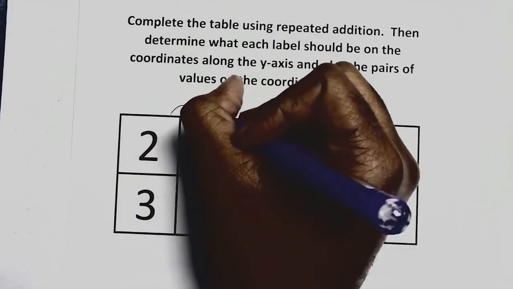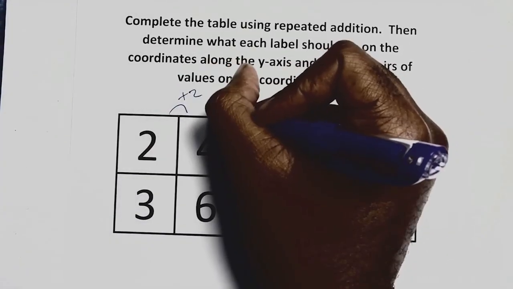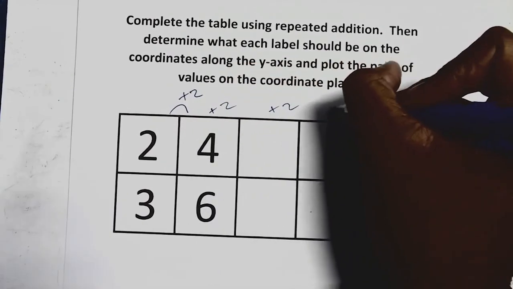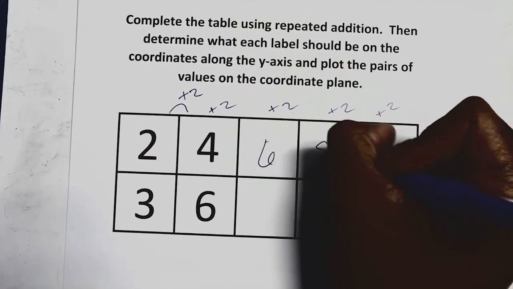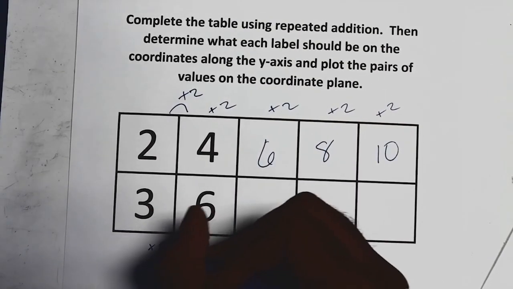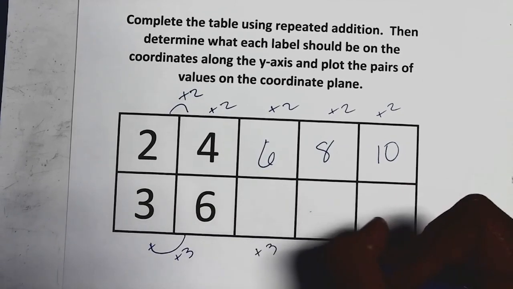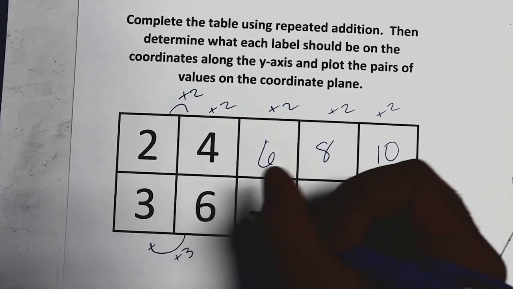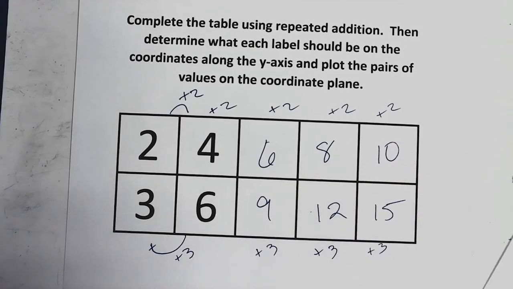So since this is going up by 2s, I can do that to complete my table. So I'm going to add 2 each time. It's going to be 2, 4, 6, 8, 10. This is going up by 3s. I'm going to add 3 each time to get 6, 9, 12, and 15.